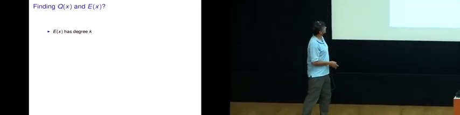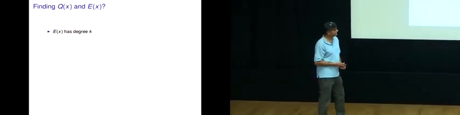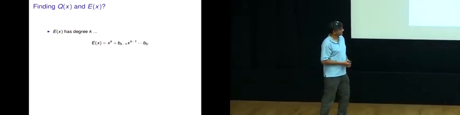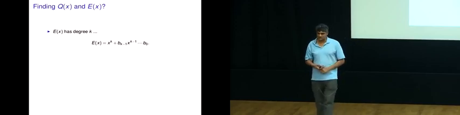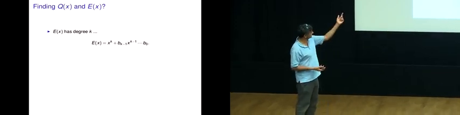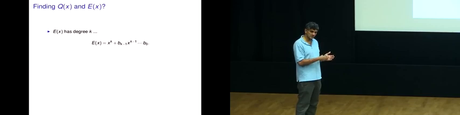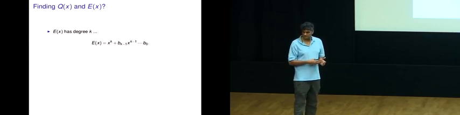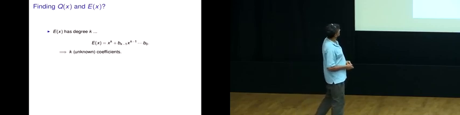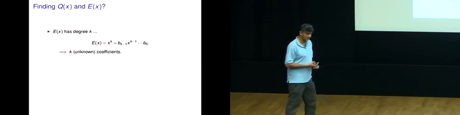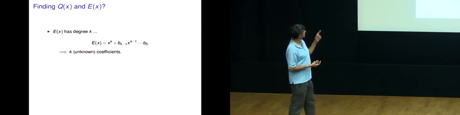So e of x has degree k, so it looks like that. There are k coefficients. There are technically k plus 1 coefficients, but we're going to assume the first coefficient in our error polynomial is 1. So there are k unknown coefficients in the error polynomial.